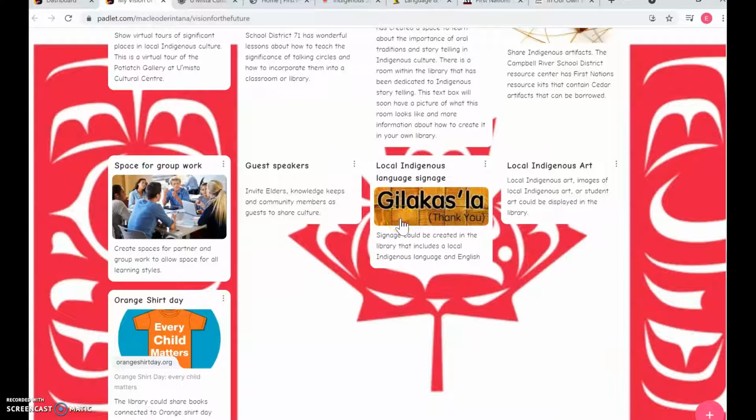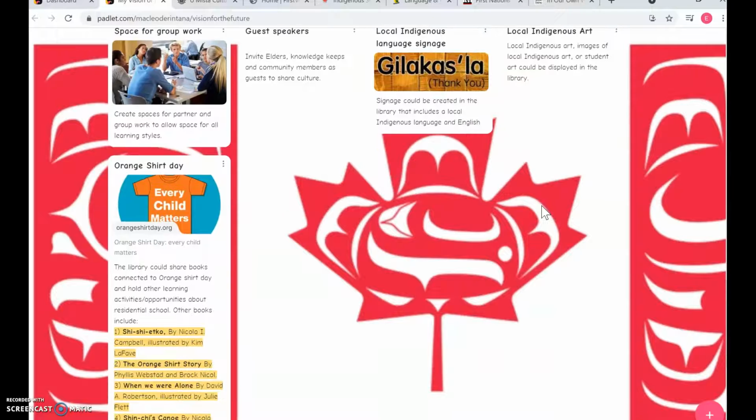I think it would be fantastic if there was signage in the library with local Indigenous language on it, with English and the other language. Displays with Indigenous art, or art created by students inspired by local Indigenous art, would be a really great way for students to see Indigenous art.